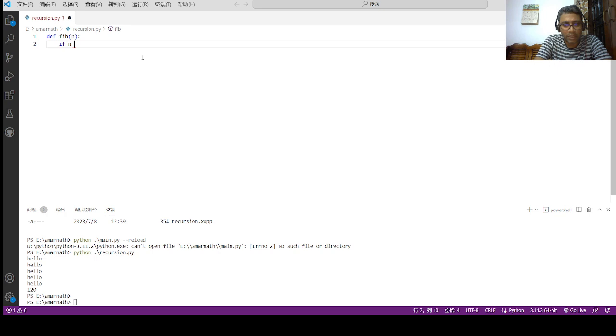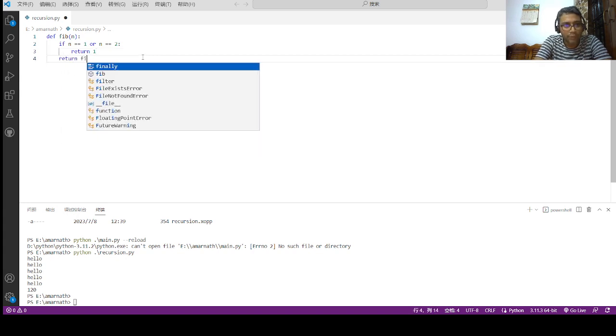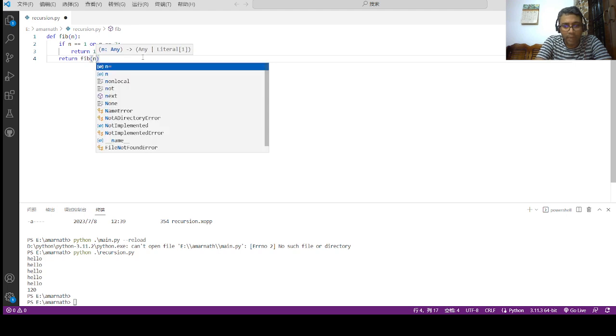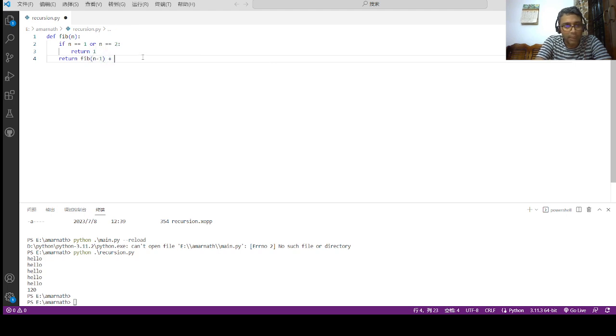If n double equal to 1 or n equal to 2, it returns 1. Always input should be a positive number, not 0 or less than 0, right? Remember that one. Return fib of n minus 1 plus fib of n minus 2.